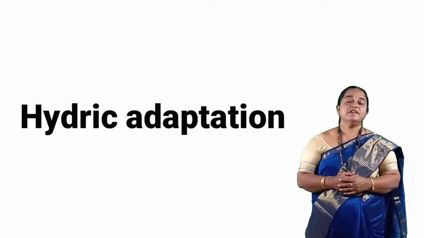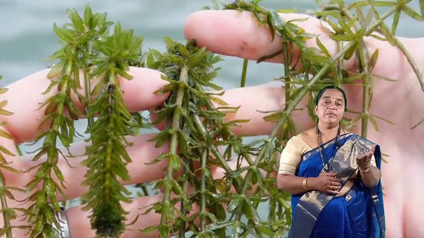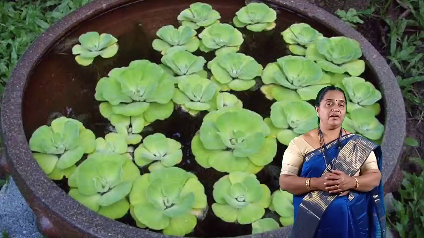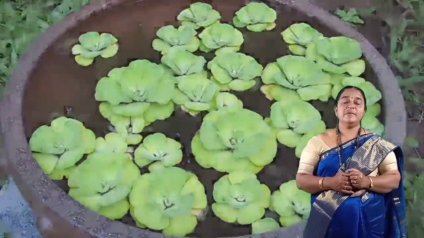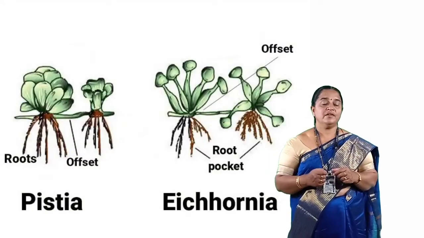Hydric adaptations, considering the Hydrilla plant which is submerged, Eichhornia plant which is floating, Pistia which is a free floating plant. In these plants, mechanical tissues are absent. The roots are in the form of rhizoids and each root has a multicellular root pocket.